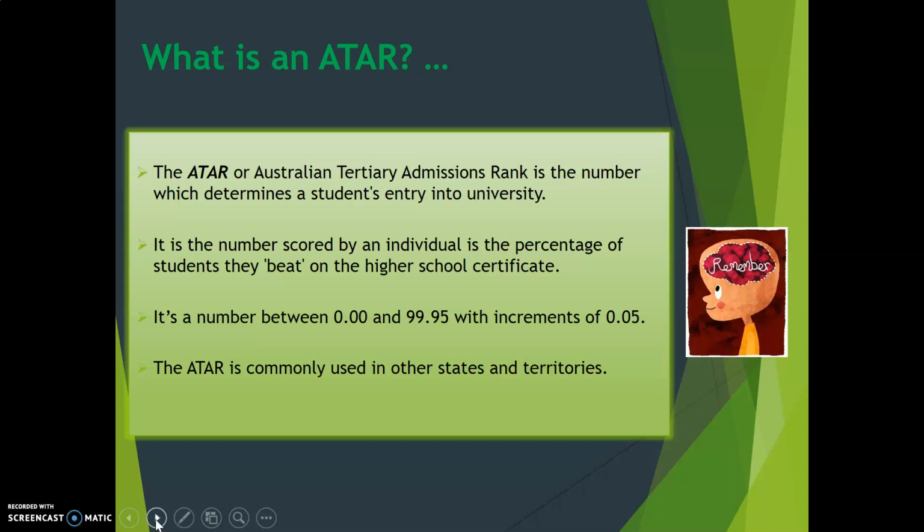The ATAR is commonly used in other states and territories. So whatever ATAR you get in Queensland, let's say for example it's a 92, if you went to apply for a university course in say one of the Sydney universities or one of the Melbourne universities, that ATAR of 92 would be the same down there.